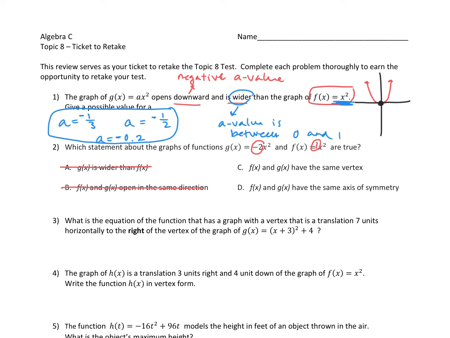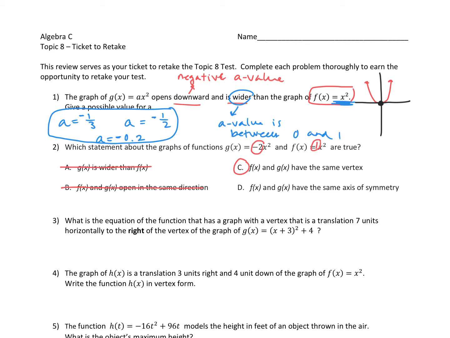So if I look at our g of x function, we have an a value, our x squared got multiplied by a number, but we didn't add in any numbers to make it any different than this one. That means that this negative 2x squared has a vertex at the origin as well. So they will have the same vertex. So we're going to circle that one.